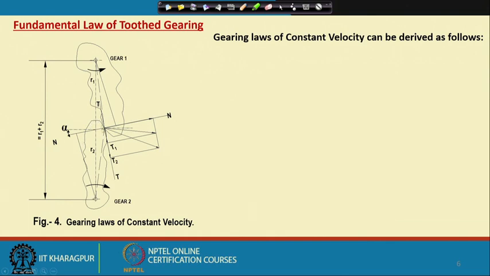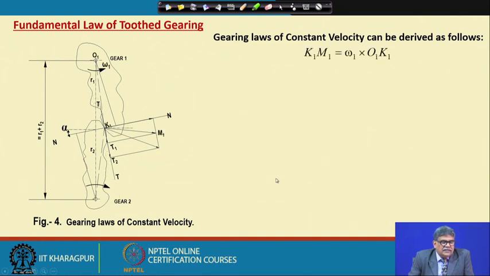Now, we shall examine that through a gearing. Let us consider these two gear profiles, gear 1 and gear 2, and this profile has come to a contact point which is K1.